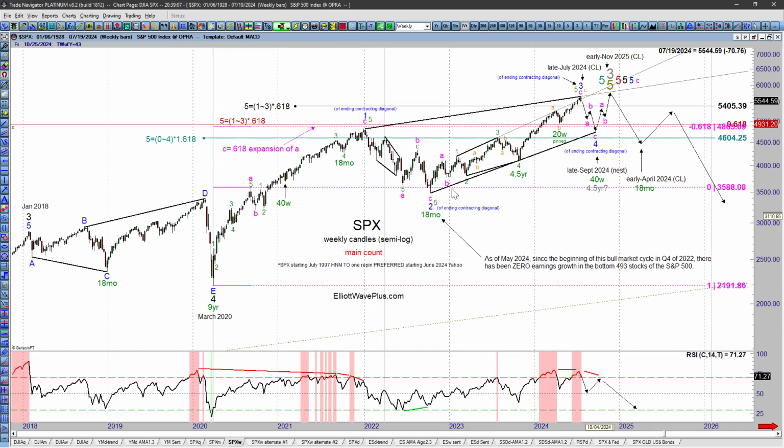In other words, this entire move really mostly is because of 7 stocks, so it's very narrow. And it also has required P to E expansion. So the P to E ratio here was about 19, and it's up around, I don't know, 25 now.